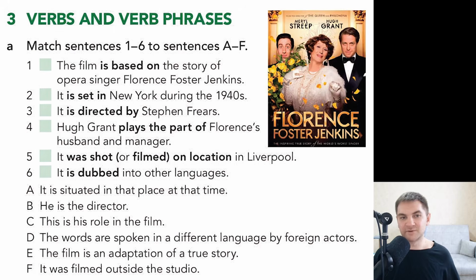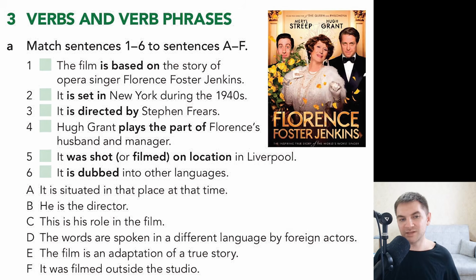Exercise 3. Verbs and verb phrases. And finally, exercise 3 part A. This one focuses on verbs and verb phrases. You're going to look at sentences 1 through 6. These sentences describe a film, so they use different verbs and phrases. For example, you might see is based on, or is set in, or was shot on location.